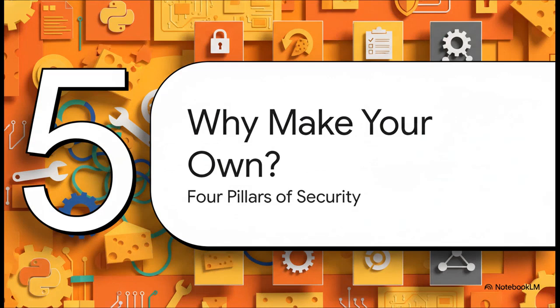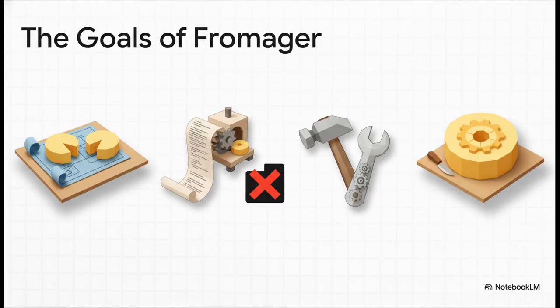Okay, so after all of that, you might be thinking, wow, that sounds like a lot of work. Why would I go through the trouble of making my own software cheese? And the answer really boils down to 4 fundamental pillars for a secure and totally reliable software supply chain. So these goals are what create those 4 pillars. First up, reproducibility. This means no more of those, well, it works on my machine, headaches.